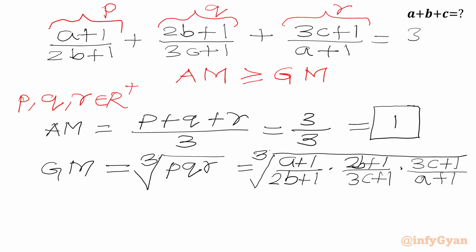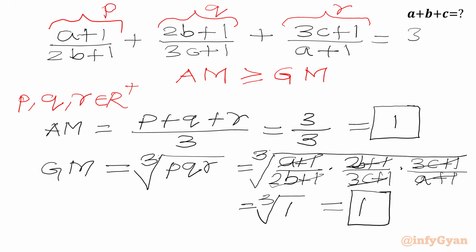Now we can cancel a plus 1 from the numerator and denominator, 2b plus 1 from the numerator and denominator. Similarly 3c plus 1 will cancel and we will get the cube root of 1, which is equal to 1. GM is also equal to 1.